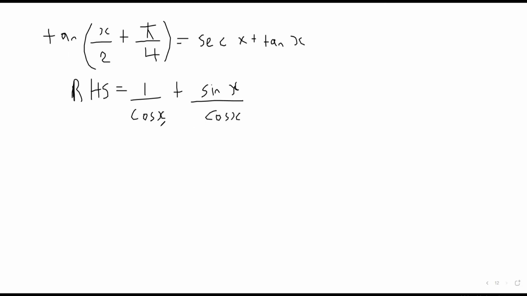Now what this will work out to be is (1 plus sine x) over cos x. For some reason I need to generate, guys, I'm trying to generate x over 2 here. Let me see how I can. Follow now, guys. This is where we have to be thinking a lot.